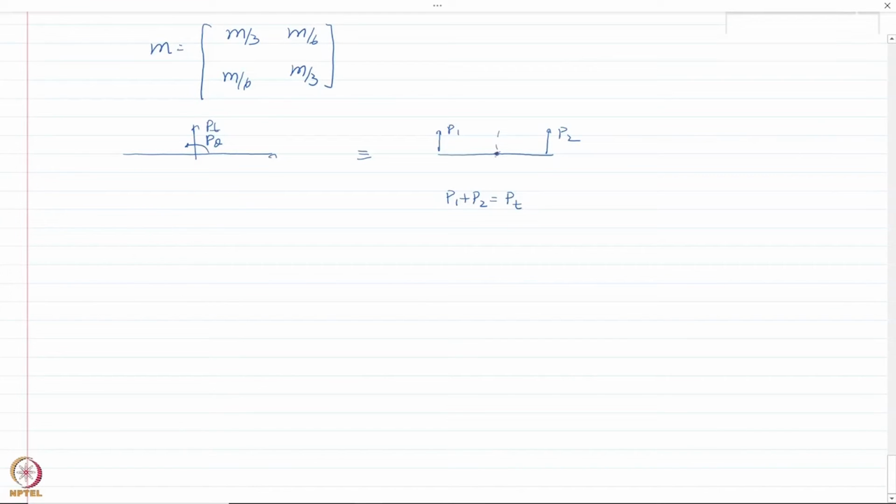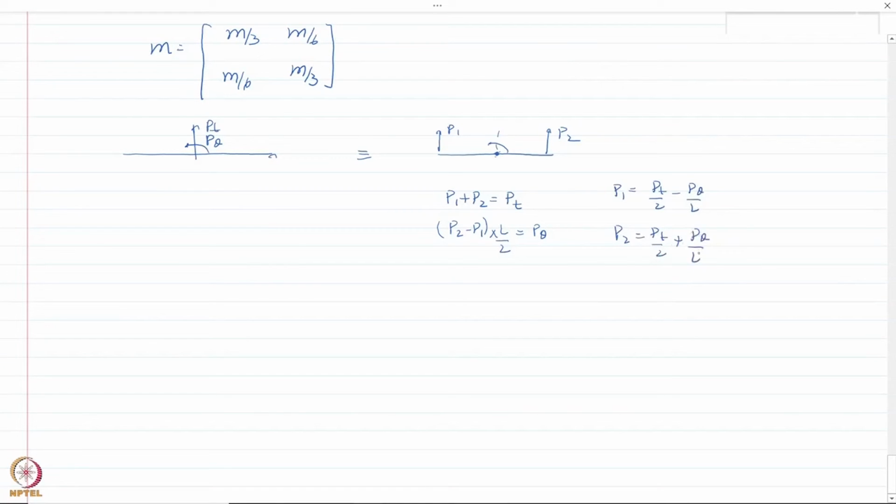The net resultant moment at this point is basically P2 minus P1 times L by 2. And this is the net moment in the anti-clockwise direction at this point, and that is equal to P theta. So we can solve this and we can find out P1 as Pt by 2 minus P theta by L and P2 as Pt by 2 plus P theta by L.